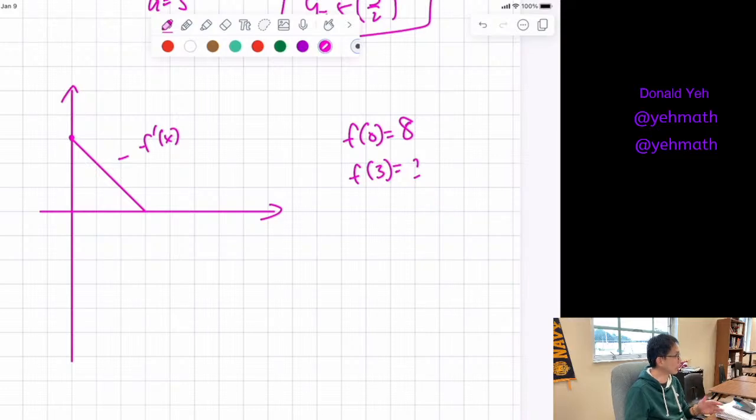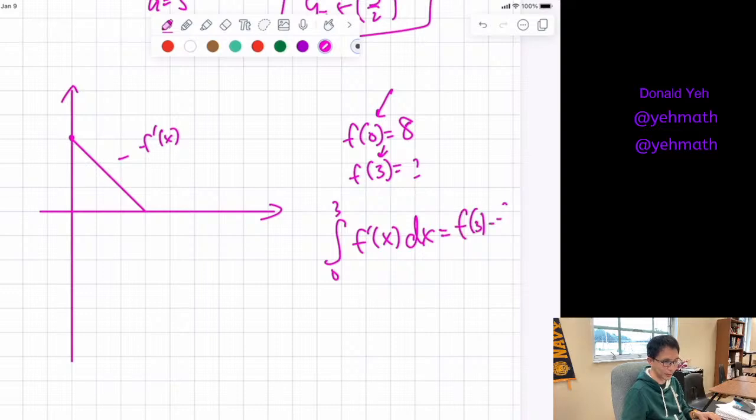Fundamental theorem of calculus, super important. Integration of f prime of x, right? Between 0 to 3. Why? Because this tells me the boundary is equal to f of 3 minus f of 0. Does that make sense? And this is the area under the curve.